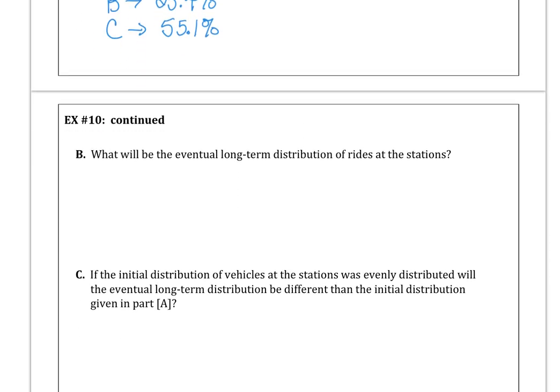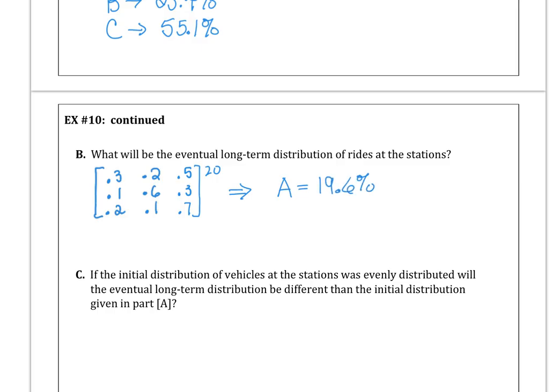What will be the eventual long-term distribution of rides at the station? Using our transition matrix, raising that to the 20th power, it's going to give us the results for A is 0.19565, so 19.6%.